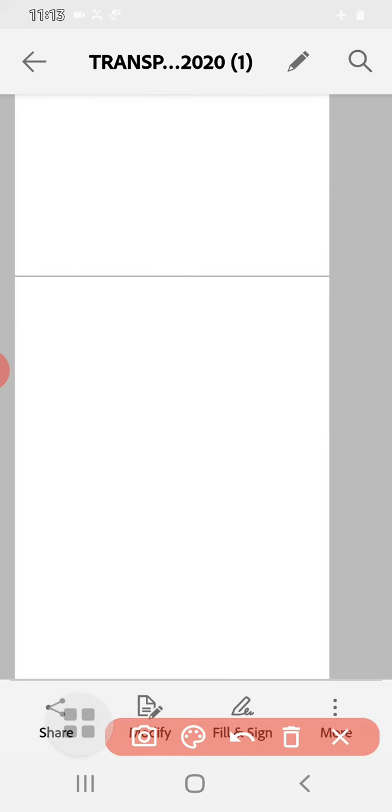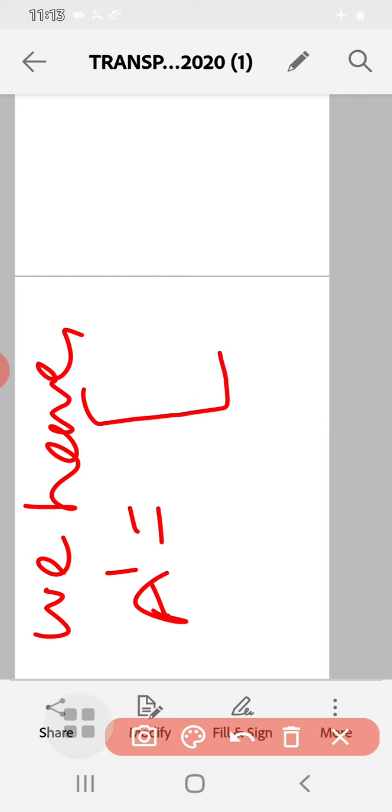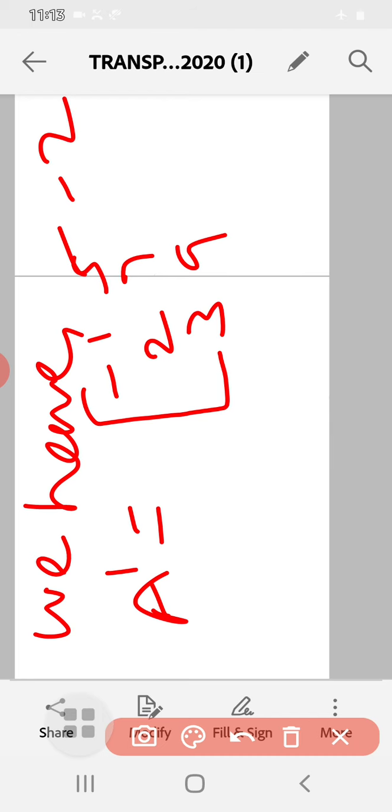Okay, next we have to find out A dash plus B dash. So we have A dash, the transpose of A, transpose of the given matrix is minus 1 2 3 5 7 9 minus 2 1 1.